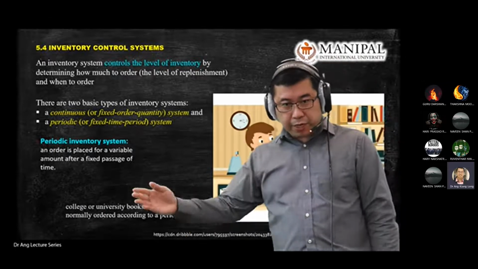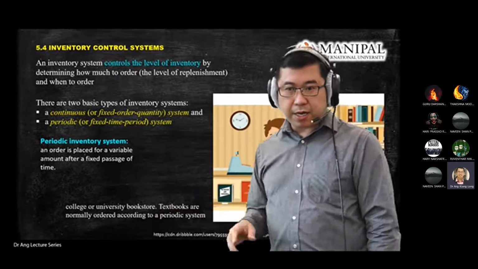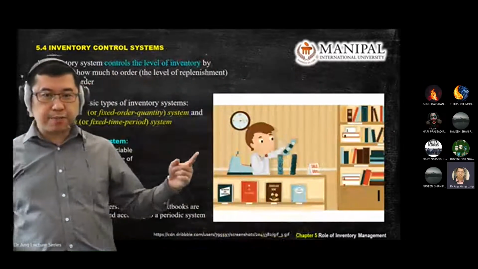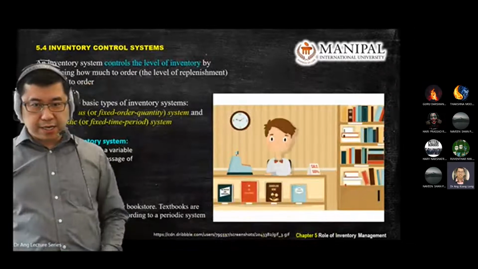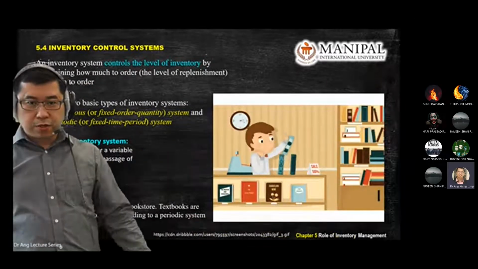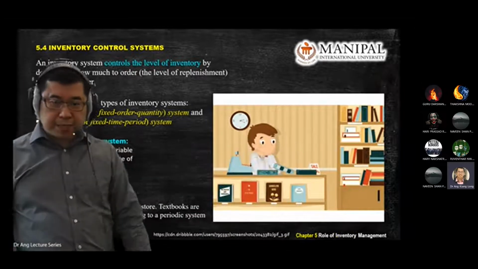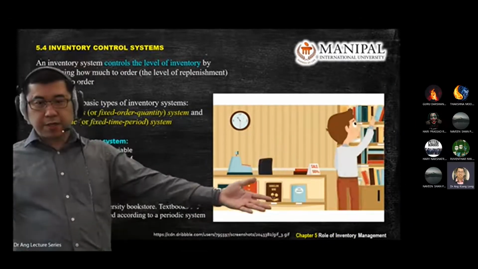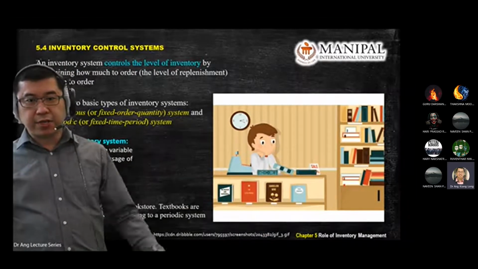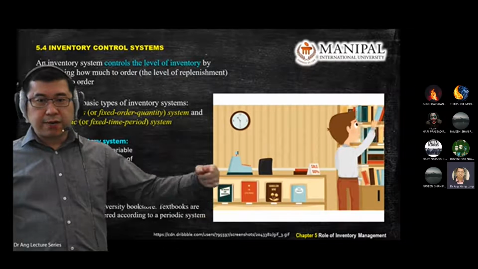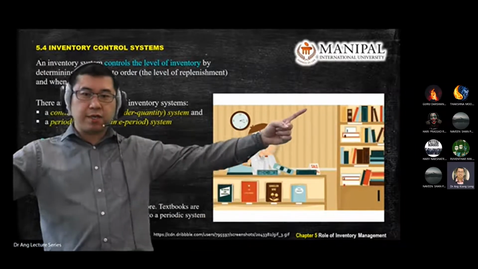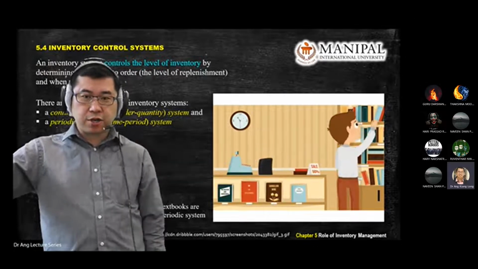Example of a periodic inventory, for example, a bookstore, right? Nowadays, there are fewer and fewer bookstores, but those places that you sell, like for example, Popular and all this, they will use a periodic system in their inventory. After like 1 week or 1 month, they will update the books inventory in their shop.